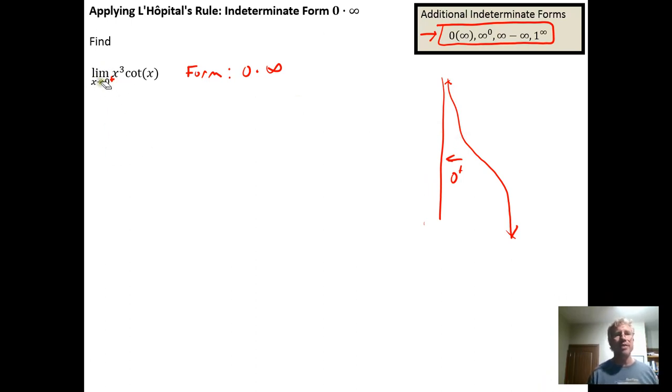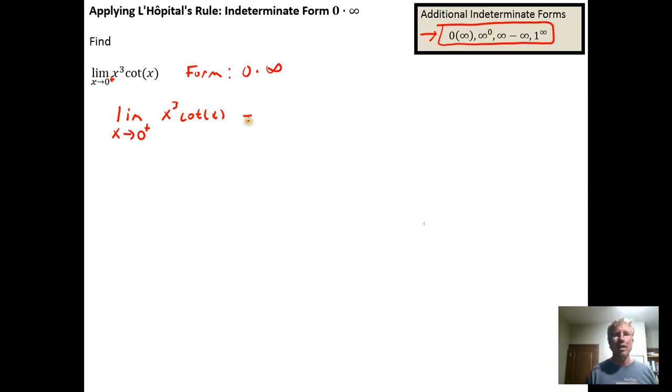So the limit as x goes to 0 of x cubed times the cotangent of x has the form 0 times infinity. I can't apply L'Hopital's rule to this because I don't have a ratio, but I may be able to manipulate it into a form that does allow me to apply L'Hopital's rule. So I have the limit as x goes to 0 from the positive side of x cubed times the cotangent of x equals the limit as x goes to 0 from the positive side.